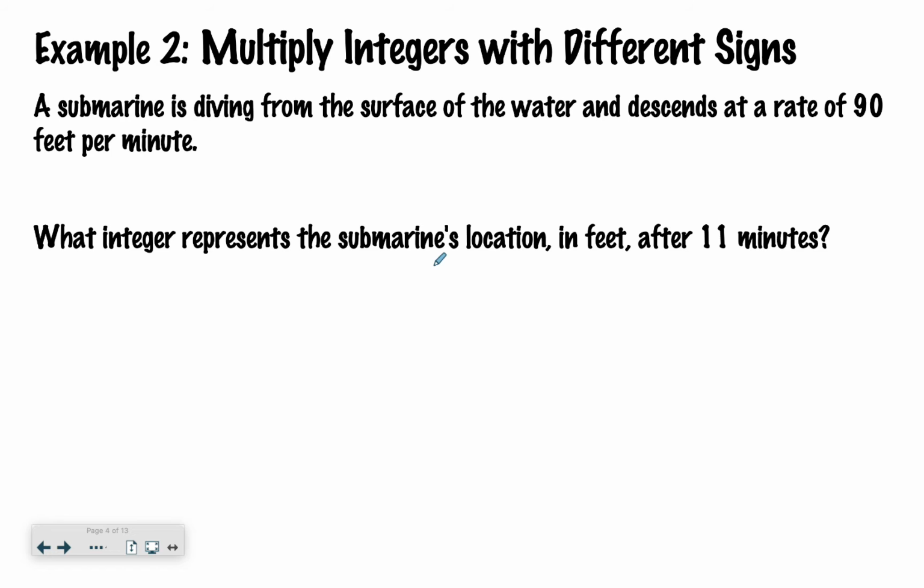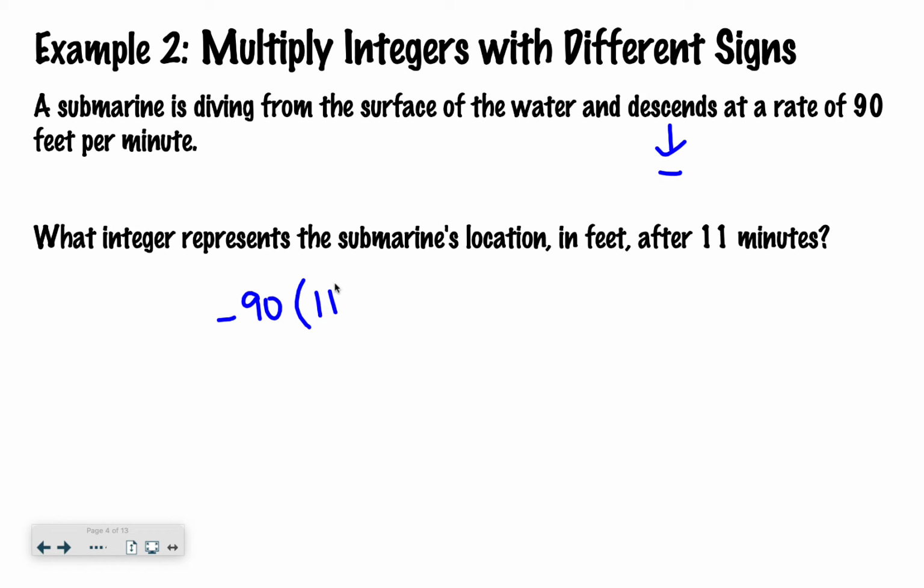Moving on to example 2, which is still the same idea but now a word problem. A submarine is diving from the surface of the water and descends at a rate of 90 feet per minute. Just a reminder, descends means it's going down, so we're going to represent that with a negative. So I'm going to say negative 90, and then what integer represents the submarine's location in feet after 11 minutes?